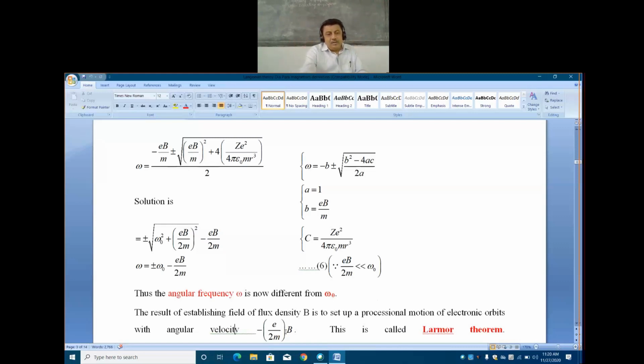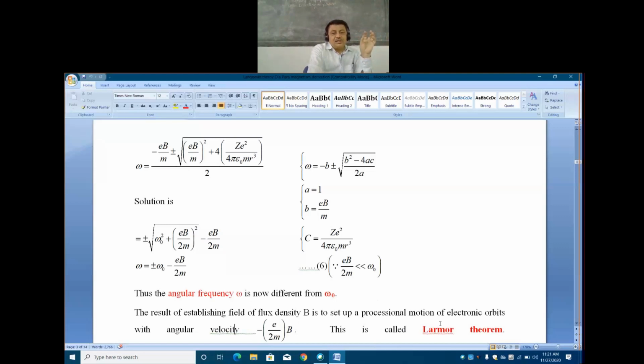This term, minus eB by 2m, is the Larmor frequency. In the book, it is mentioned as the Larmor theorem. So Larmor frequency is this term, minus eB by 2m.